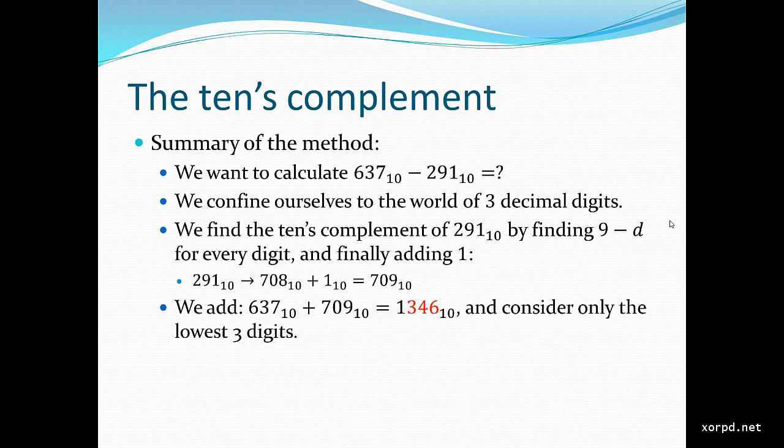If we would have chosen something else like 4 digits, then in this step we would have to consider the 4 lowest decimal digits and not only 3. This is very important. Finally we get that the result of the subtraction is going to be 346, just like here. And again, we managed to solve a subtraction problem using only addition and some mechanical operations.